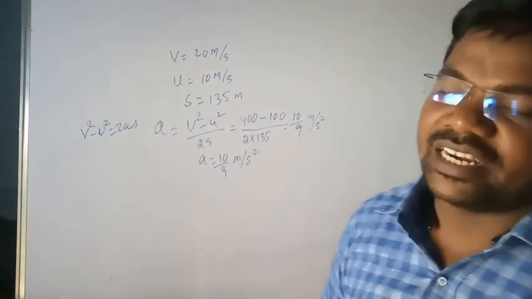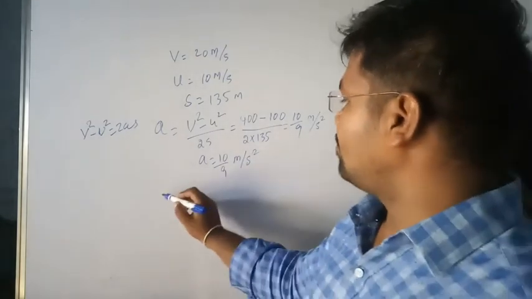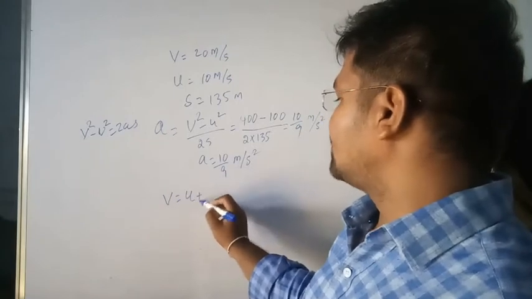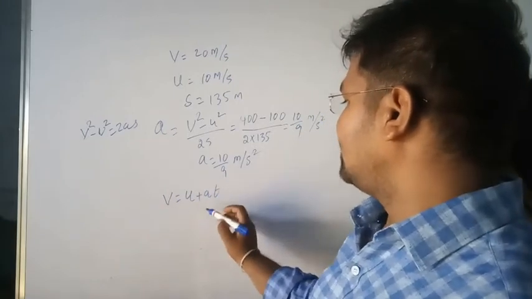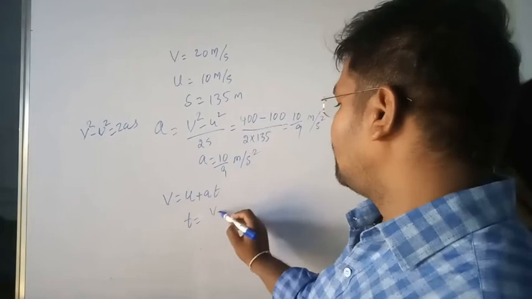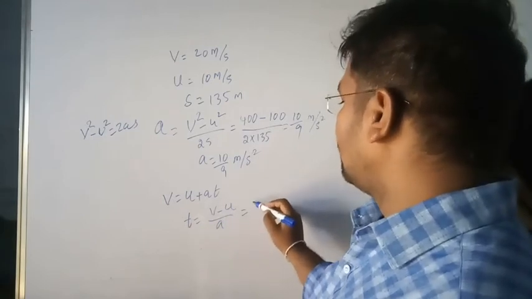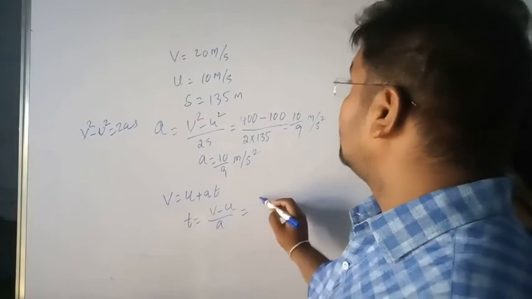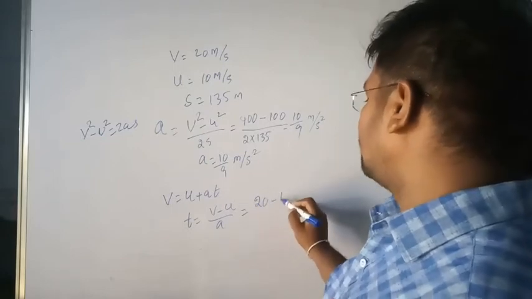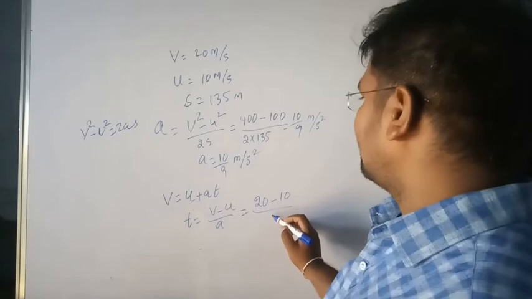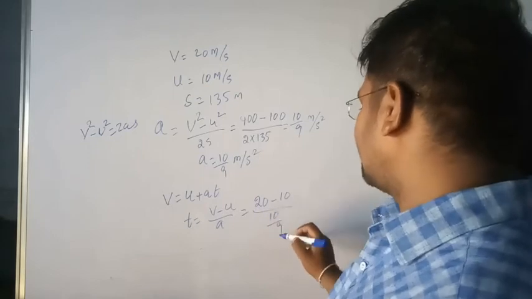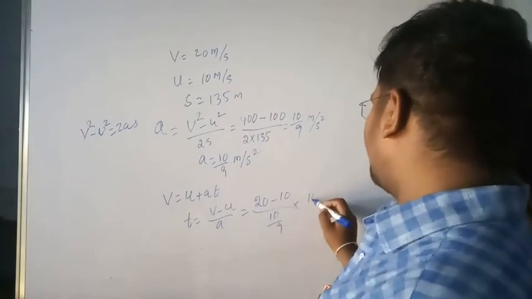So how can we find time? From the formula v is equal to u plus at, then t is equal to v minus u divided by a. What is v? V 20 minus u 10 divided by a, 10 by 9.